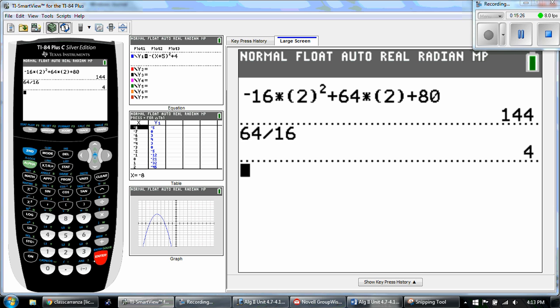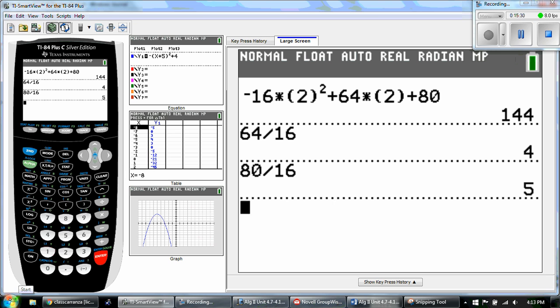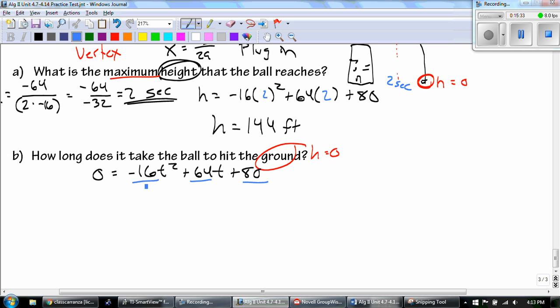Does 16 go into 64? Yep. Does 16 go into 80? Yep. Awesome. So I'm going to take out a GCF of negative 16. Okay, my leading coefficient is negative, so my GCF needs to be negative. And then I have a positive t squared minus 4t minus 5. So I need to factor this now.